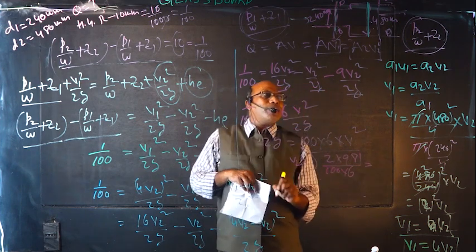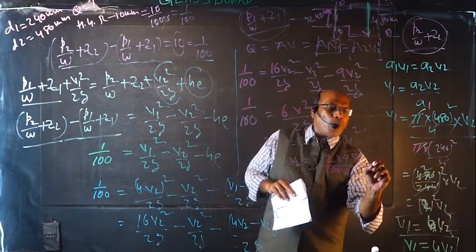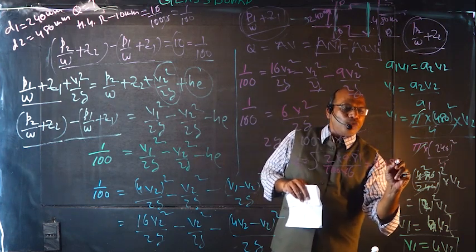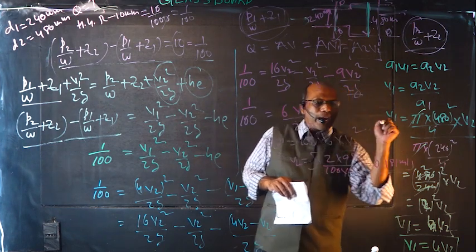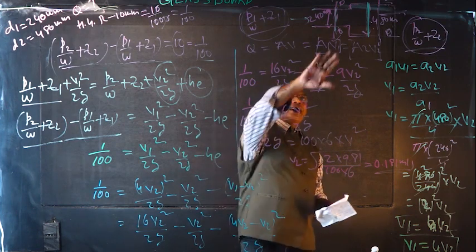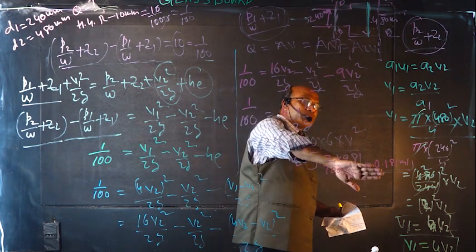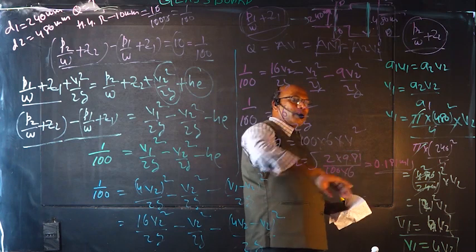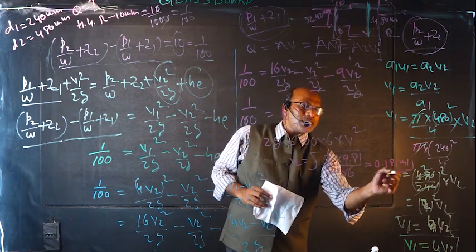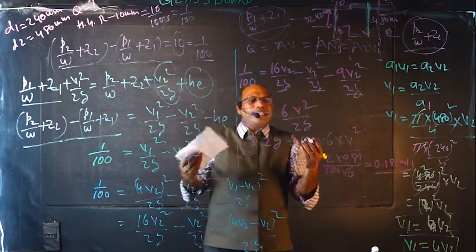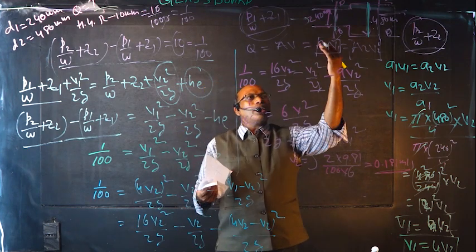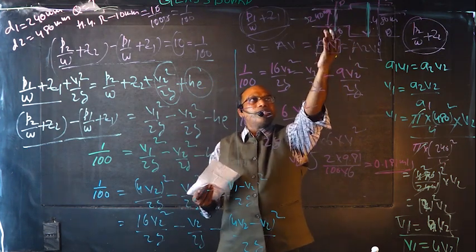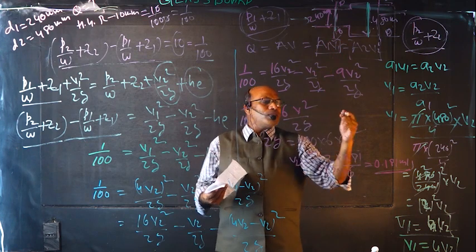Therefore, V2 is equal to 0.181 meter per second. Now we have determined the velocity at section 2. Based on this value, we are going to determine the discharge at section 1 or at section 2.